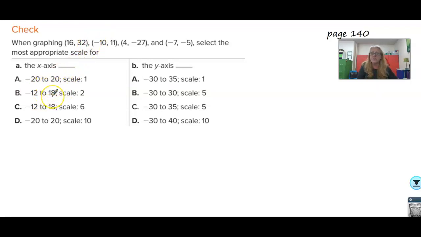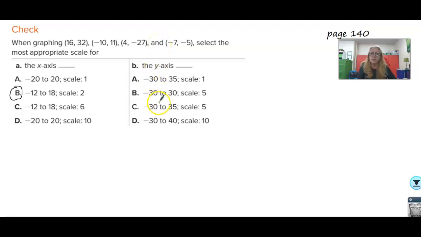So let's go with B on this one. And the reason I want to pick B is because it covers the numbers and it has the smallest possible scale, okay? And nobody wants to count by sixes. It's easy to count by twos, okay? And then on the y-axis, on the y numbers, we have 32, 11, negative 27, and negative 5.